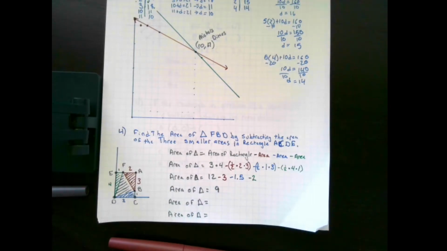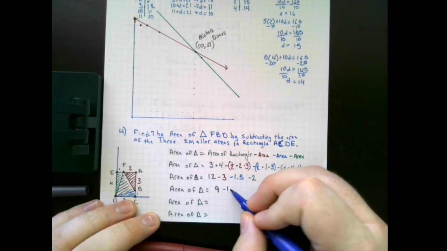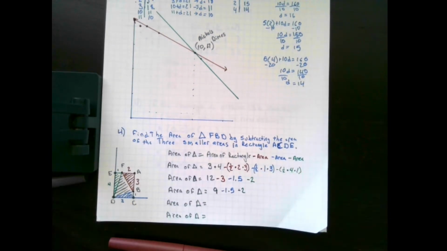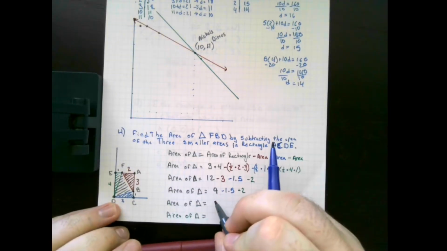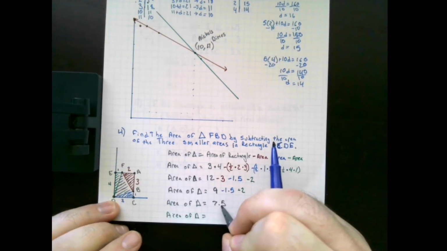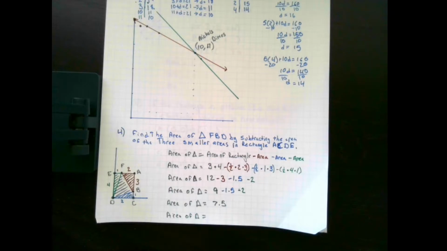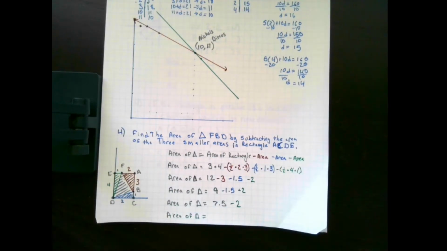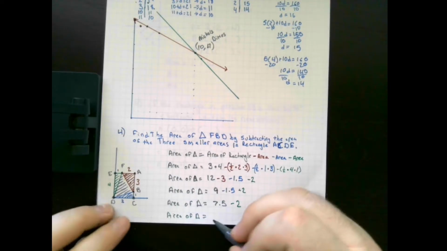So we're going to have 9 minus 1.5 minus 2. And then 9 minus 1.5 is 7.5. And from 7.5, we're going to subtract 2. And 7.5 minus 2 is 5.5.